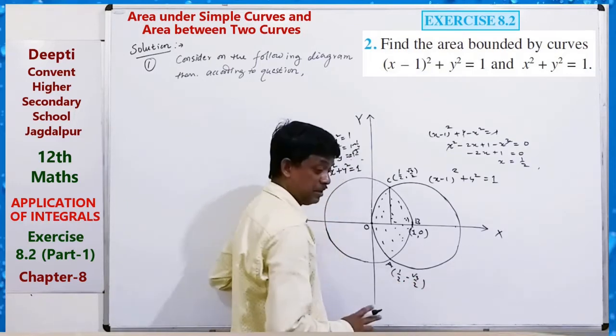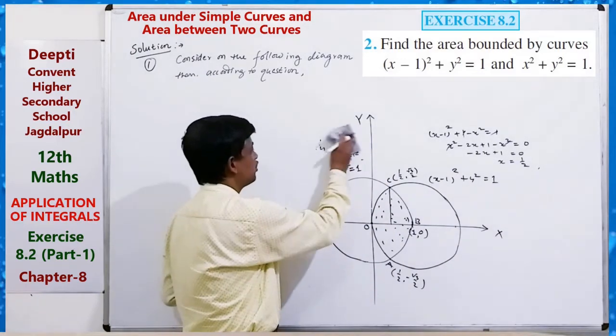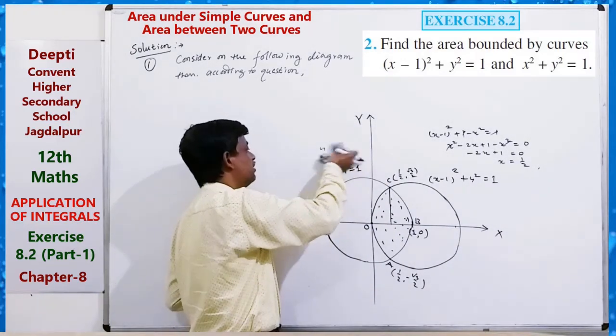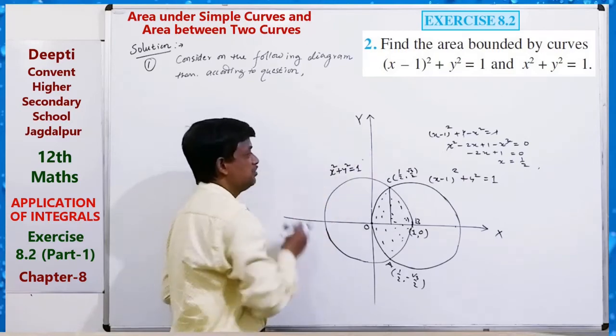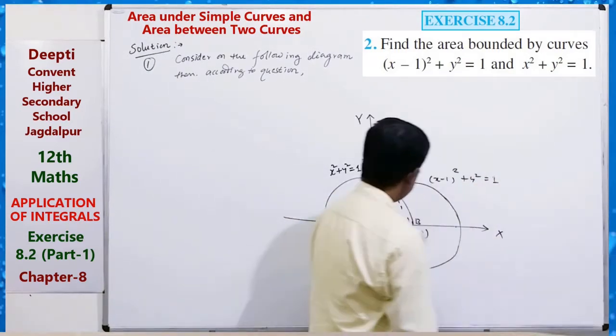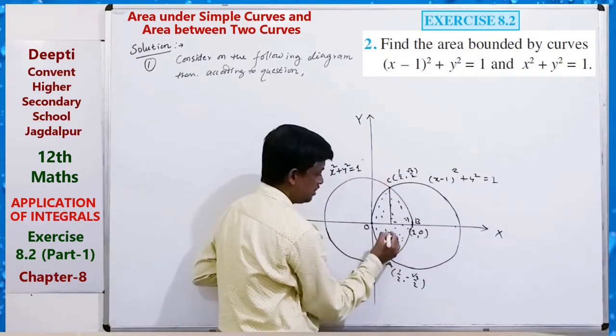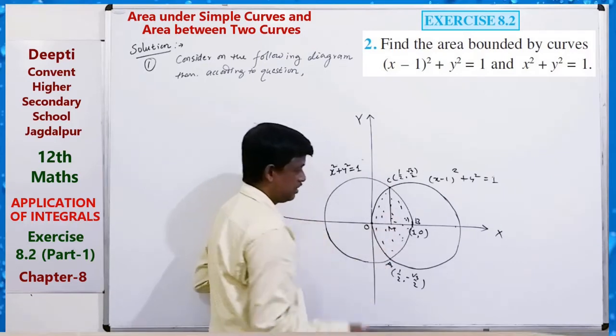This is the diagram. If you draw the diagram very clearly, then your question is solved about 50%. That is the main thing. Now, drawing the vertical line O, B, C, suppose this is M, a vertical line.